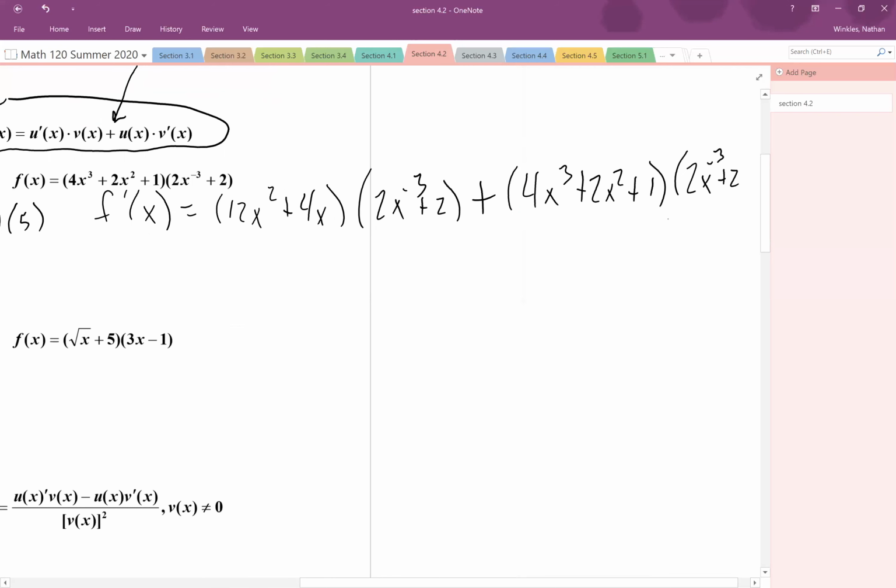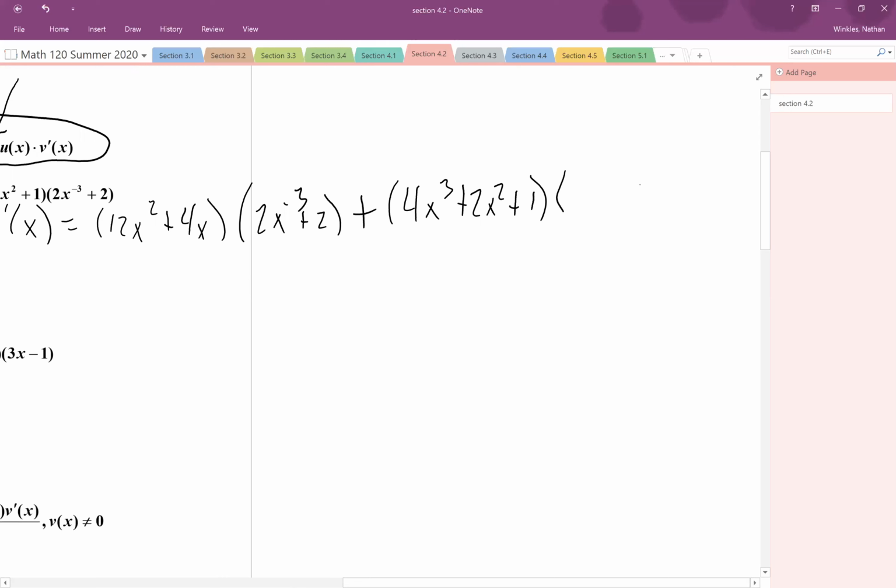All right, let's go back a little bit. That last piece is not correct. How about we take its derivative, which would be minus 6x to the negative fourth. We need to FOIL out or distribute out in both of these cases and simplify.